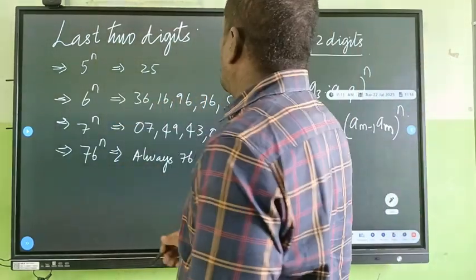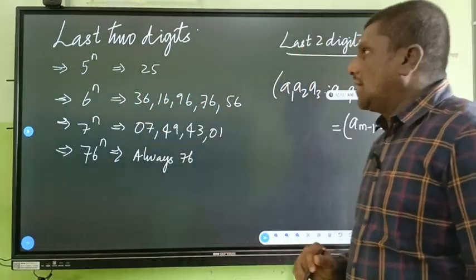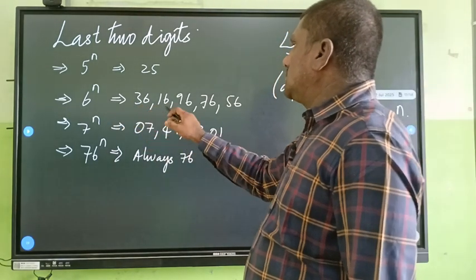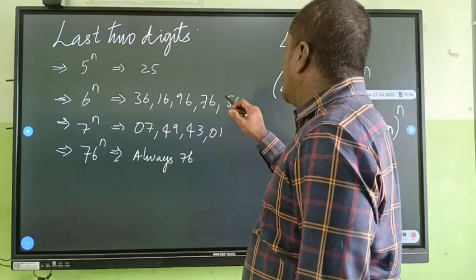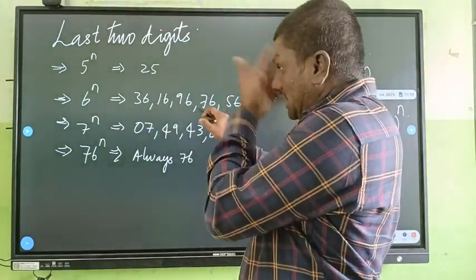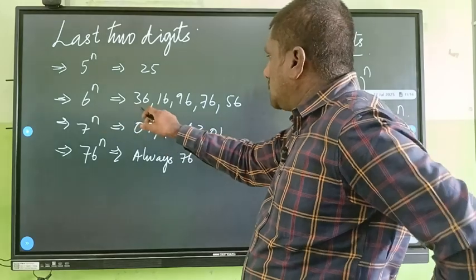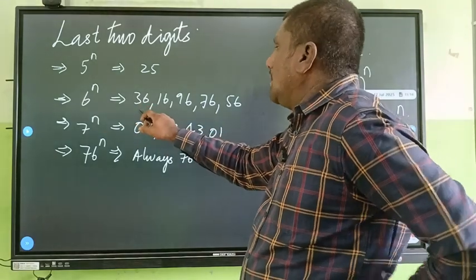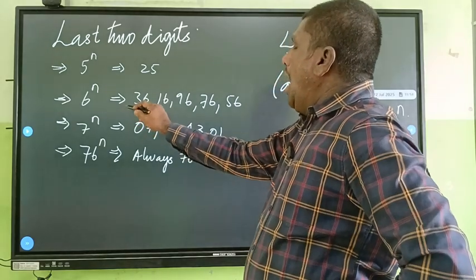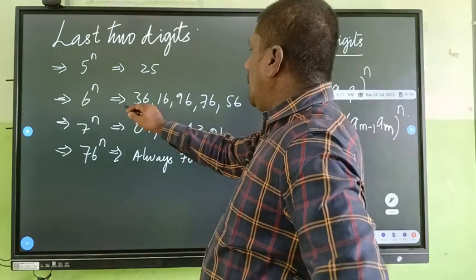So 6 power n. So there is a cyclicity for 6 power n. What is the cyclicity? 36, 16, 96, 76, 56. So it has cyclicity of 5.